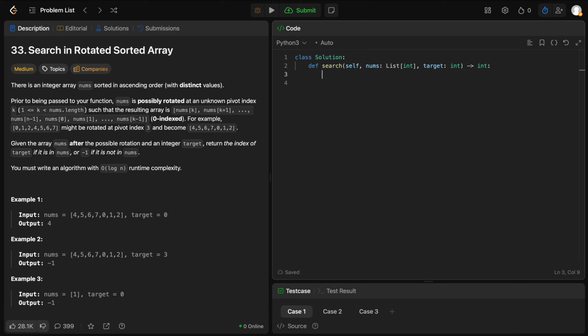If mid is greater than target, then for sure, well, maybe first I would need to do that check first, because it's a difference if, well, maybe it's not, we'll see.